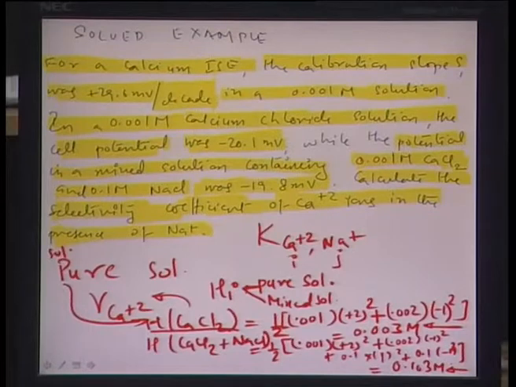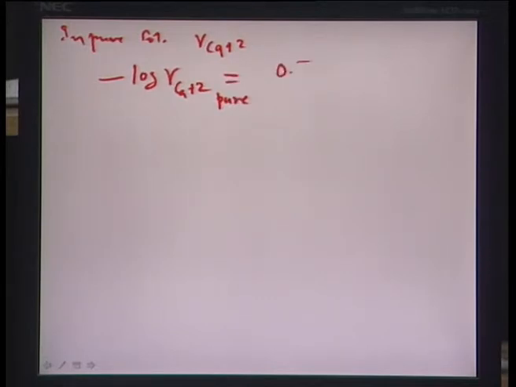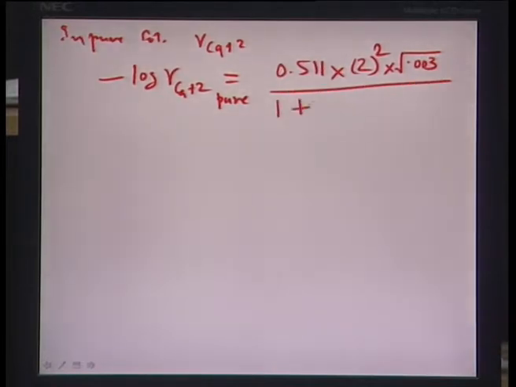After doing this, let us find out the activity coefficient of Ca plus 2 in the pure solution. It can be represented by the following: minus log of gamma Ca plus 2 pure equals 0.511, which is the parameter A we calculated before, times Zi square, in this case plus 2 square, since the valency on calcium is plus 2, times the root of the mean ionic strength, which was found from the earlier equation to be 0.003 molar, divided by 1 plus 3.3 times 10 to the power 7, which is the value of the B parameter in this equation, times the ion size parameter.